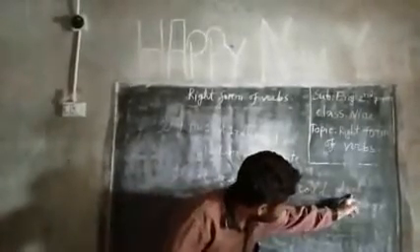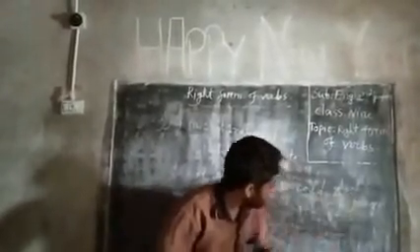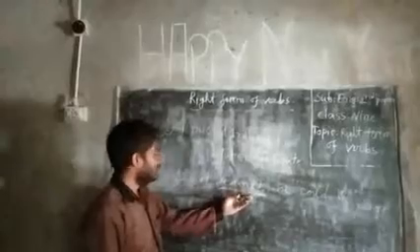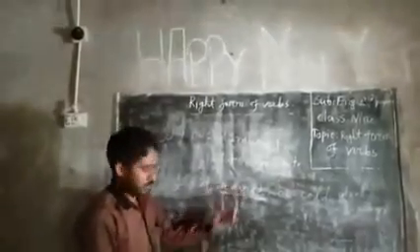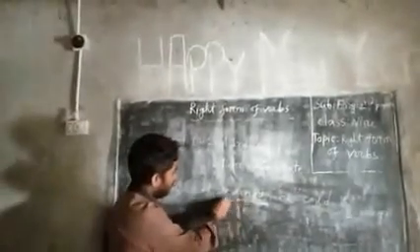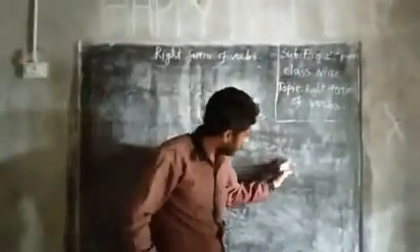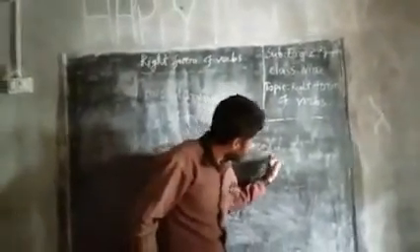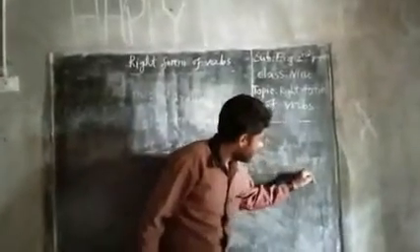If it rained, he could plant saplings. Here I have used rain. If it rained, that means this part is in past indefinite tense, but the last part of this sentence, he could plant saplings.